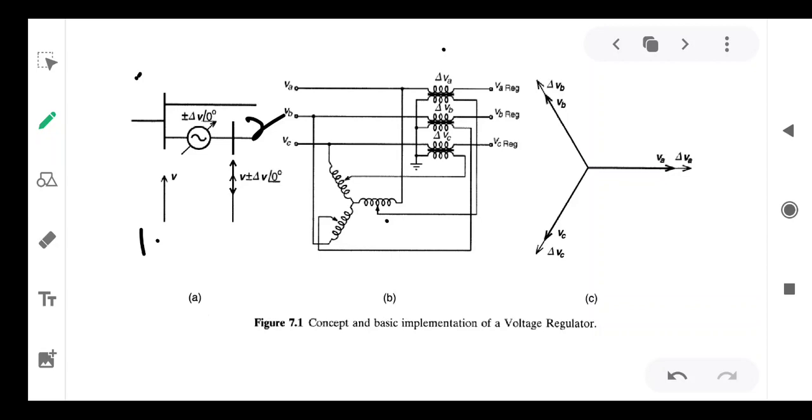So this is delta VA, delta VB, delta VC in 3 phases. Therefore VA is the phase voltage, delta VA is the injected voltage in series with the line. If it is minus delta V, then VA minus delta VA will be a lower value, like this here.